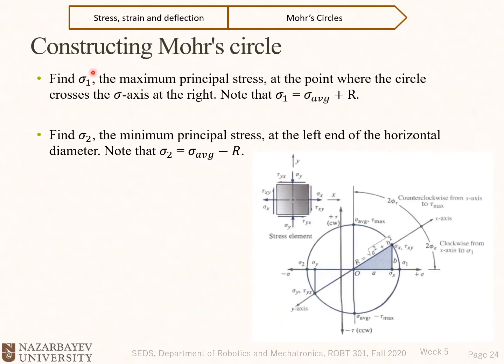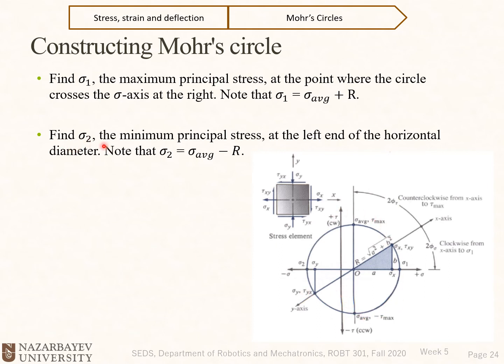Now we could find sigma 1, the maximum principal stress, at the point where the circle crosses the sigma axis at the right. Note that sigma 1 is equal to sigma average plus R. So sigma average was basically the value of stress at point O, plus R, the radius of the circle. So sigma 1 could be easily calculated based on the circle.